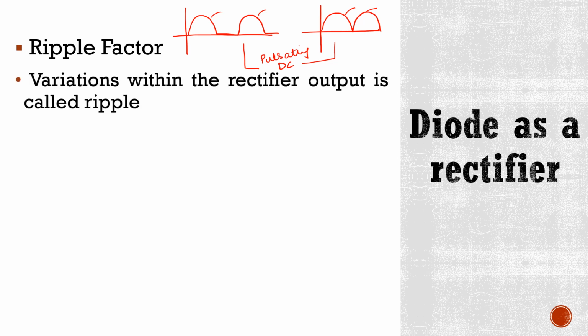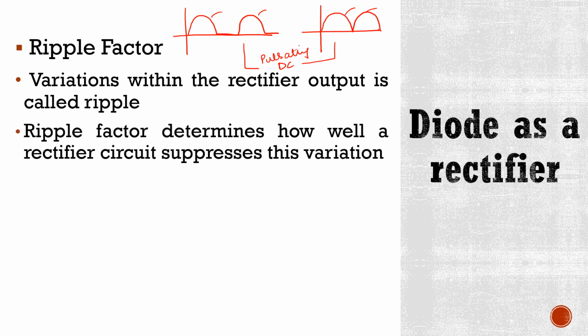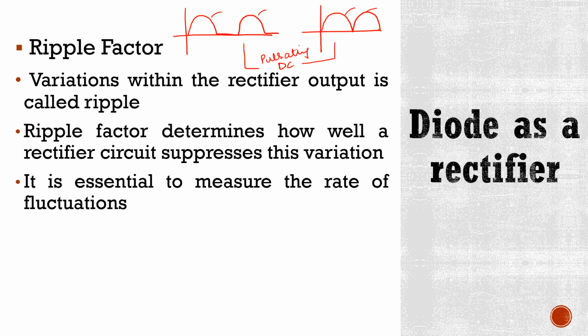These variations or fluctuations that occur within the output of these rectifiers are known as ripple. How well a rectifier circuit is able to suppress this ripple is defined by the term ripple factor. This ripple factor is essential to measure the rate of fluctuation within the output waveform.